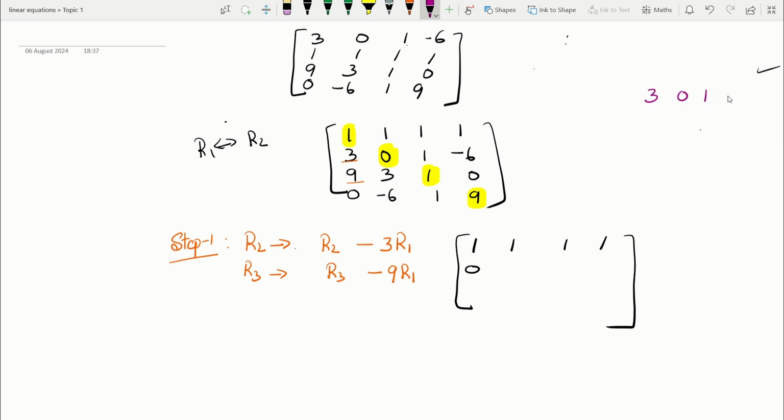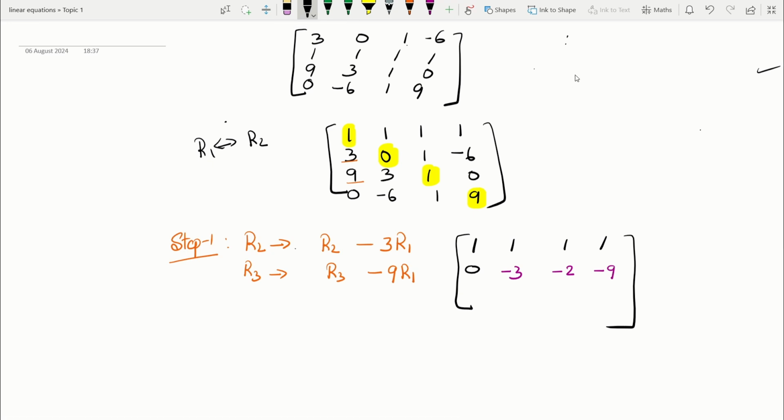Then again, R3 implies R3 minus 9 R1, as the R3 element is 9. Then R4 is already 0, not required to make any change. You understood, I think. If it is 1, this coefficient will be easy, right? Calculation will be easy for us. That's why I made this element 1.